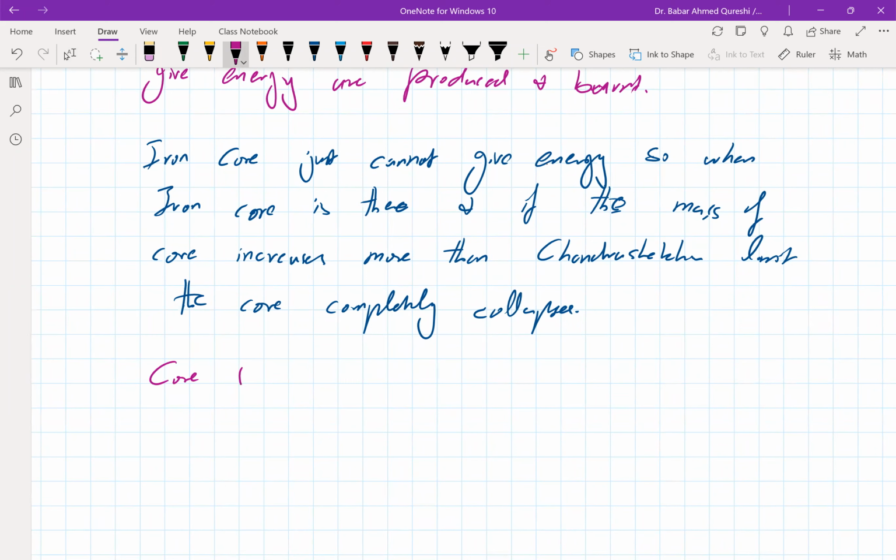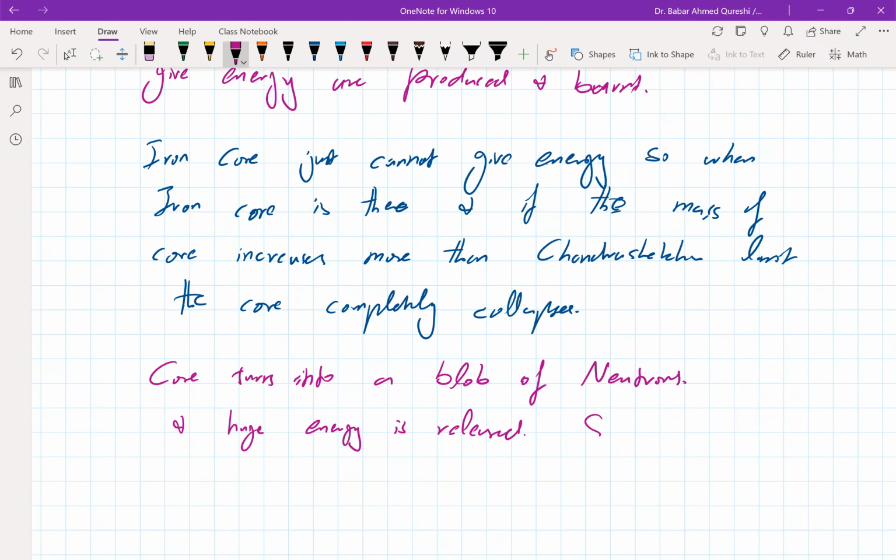So the core turns into a bunch, into a blob of neutrons, and a huge amount of energy is released. And a supernova is born.